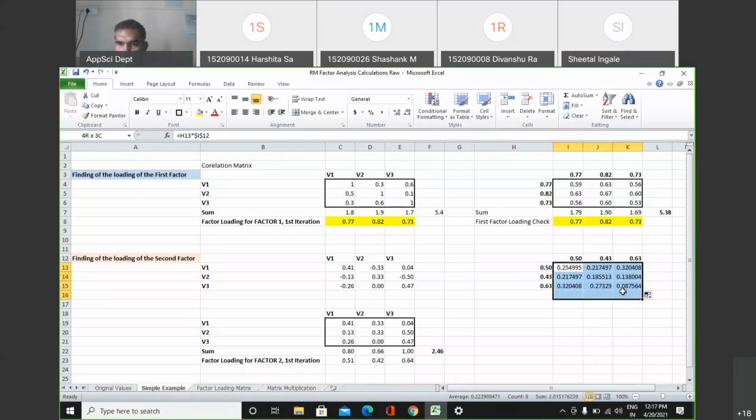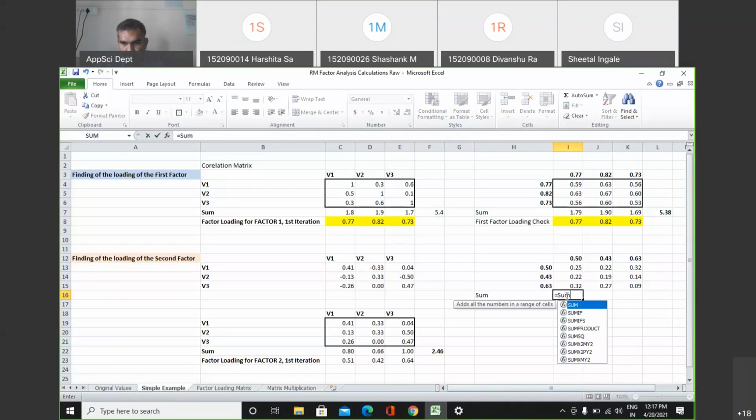I can reduce the number of decimal places quickly.